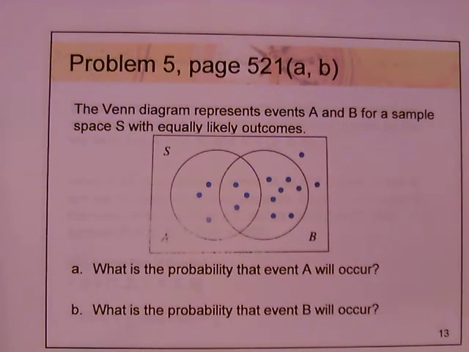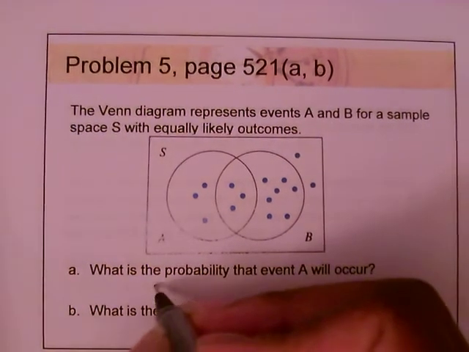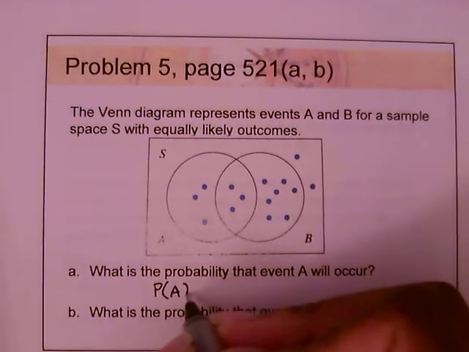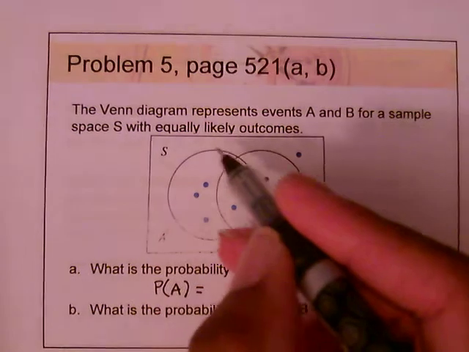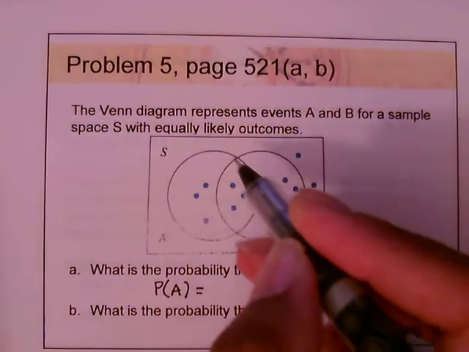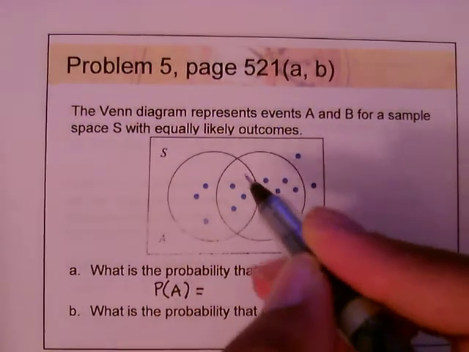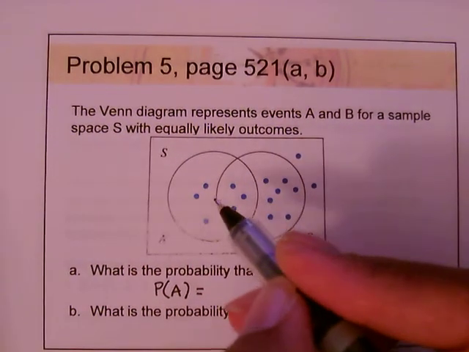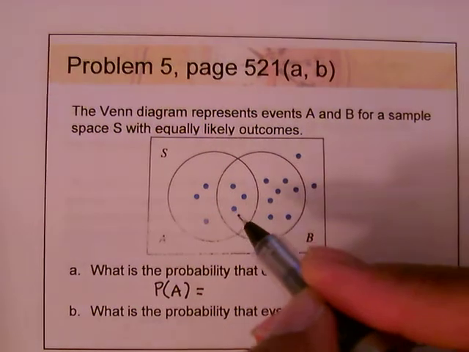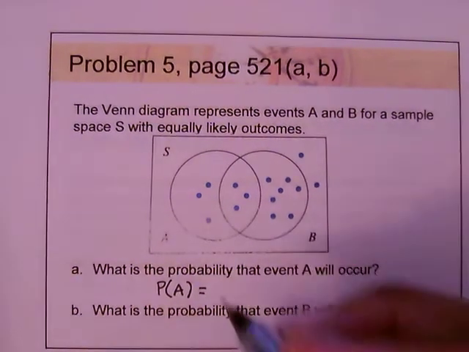What is the probability that event A will occur? So I'm going to write this as probability P with the A in the parentheses for the probability of event A. Now this circle right here represents A. And I'm going to count up how many dots there are in A. In this case, there are 1, 2, 3, 4, 5, and 6.